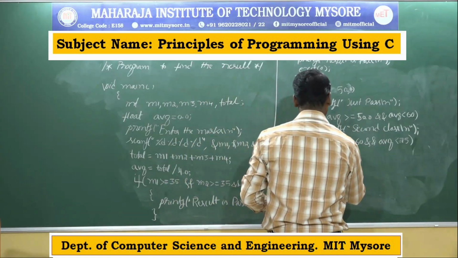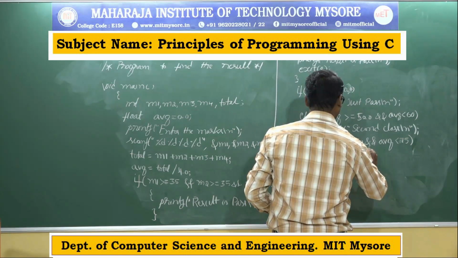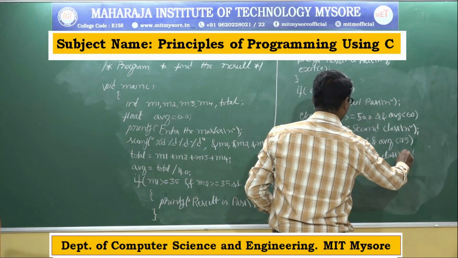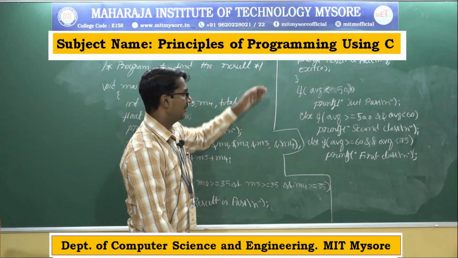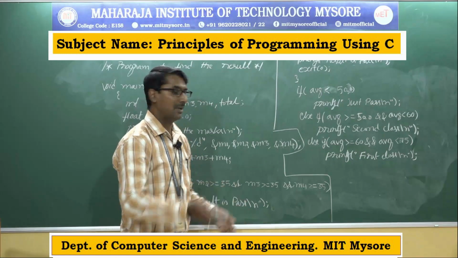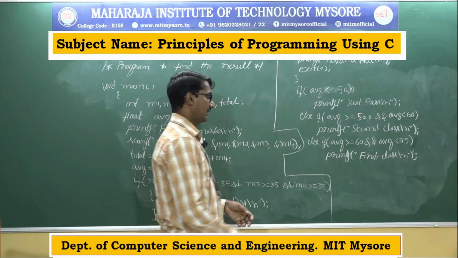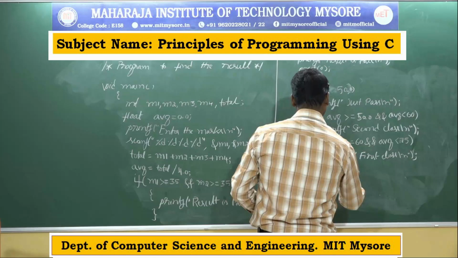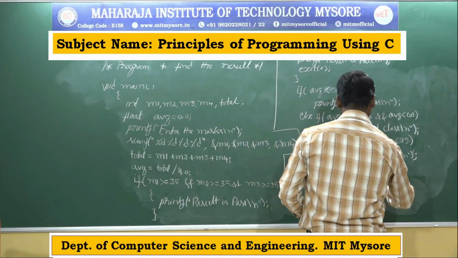So printf first class. Else, if these conditions are not satisfied, then obviously the average is above 75, so else printf distinction.